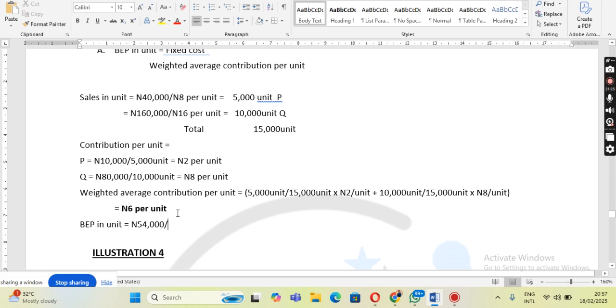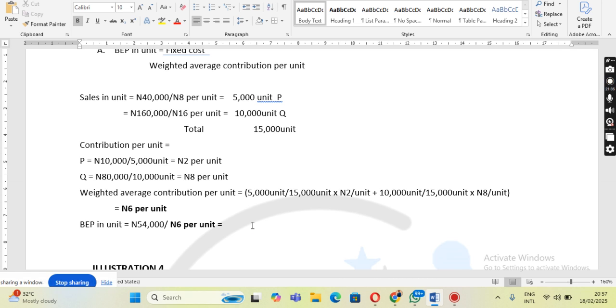So this will give us, let me just copy this. Class, what will be the BEP in units for the two products? 9,000 units, right? So this is the BEP for the two products.